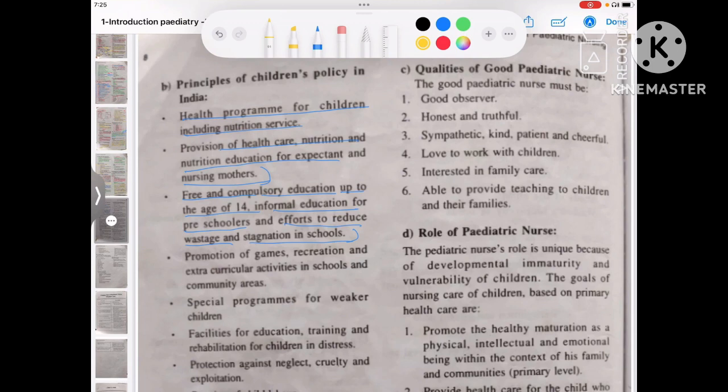They will teach them nutritional education and the value of education, all the studies, everything, free and compulsory up to the age of 14 years.